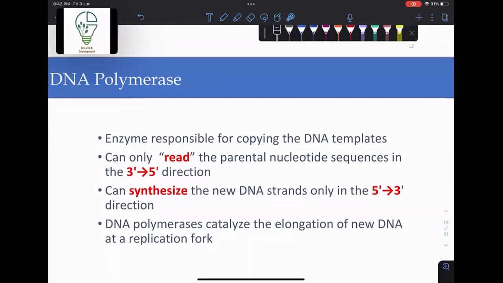This enzyme is responsible for copying the DNA templates, all right? However, these enzymes can only read the parental DNA in the 3 to 5 direction, okay? So they only read in the 3 to 5 direction. And this enzyme synthesizes, or builds, new DNA strands in the 5 to 3 direction.